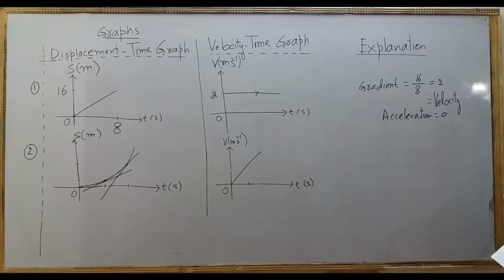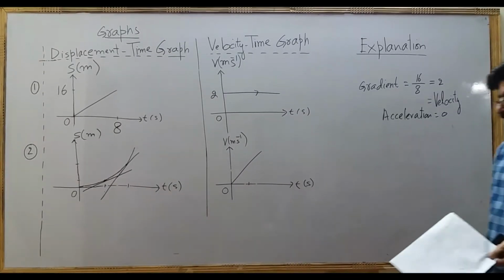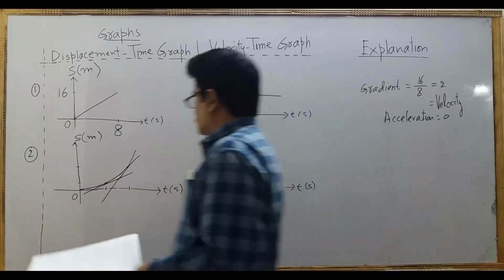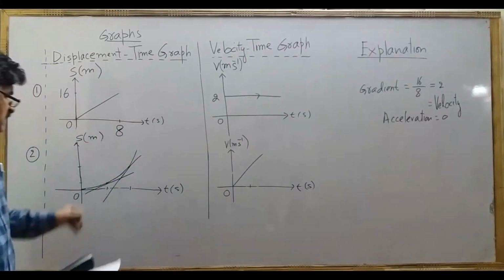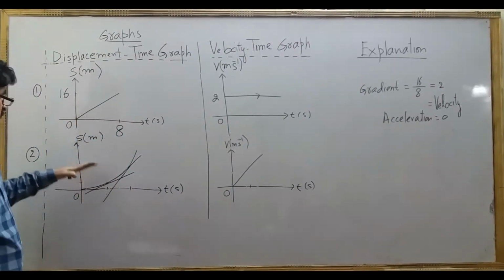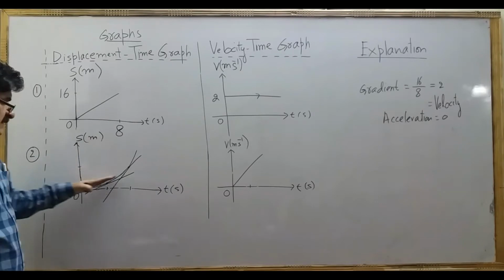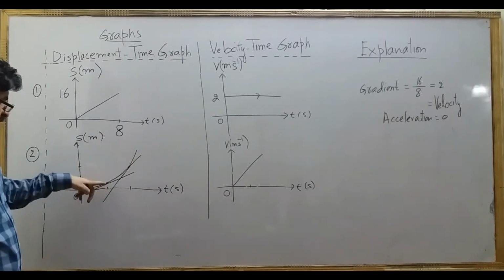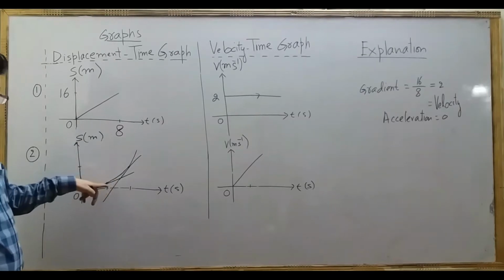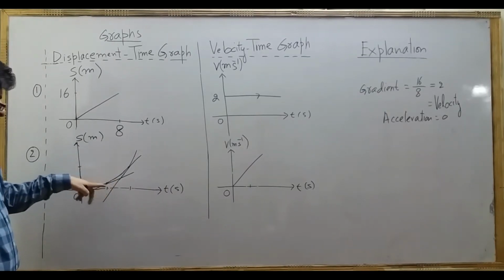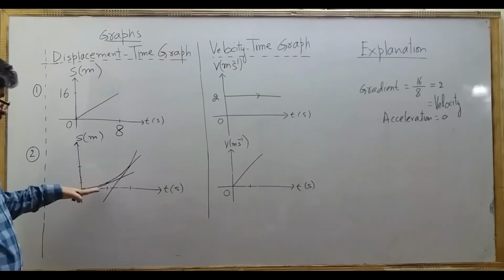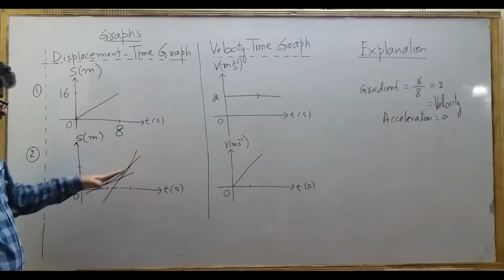In the second type of graph, the body is moving with constant acceleration. Here velocity is not constant. The displacement time graph is curved. Velocity at any time will be the gradient of the tangent line. Now see the graph.